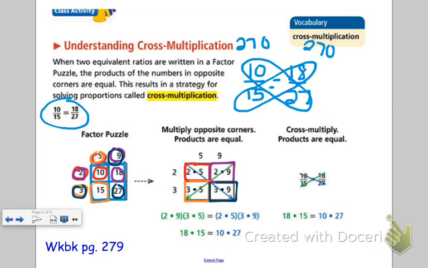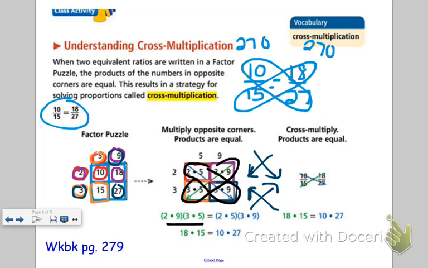So all we did was put the numbers that we were multiplying, our factors, inside the factor puzzle. And look how they cross multiplied. Now they chose to cross multiply going down. I like to go up, but it really doesn't matter. Here we have the 2 times the 5 times the 3 times the 9. And then over here we have 3 times 5 times 2 times 9.